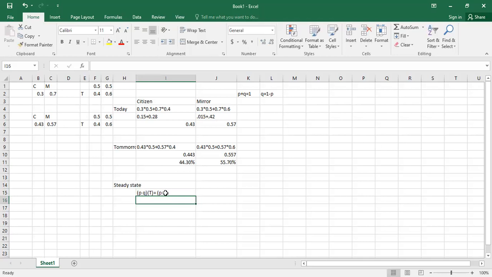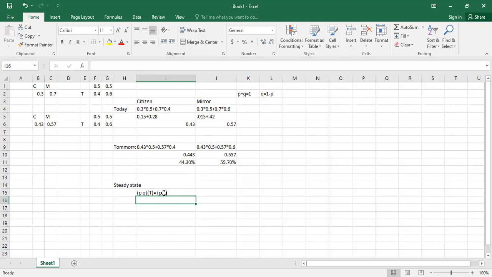The PQ that we resort will be our long-term readership for Citizen, and so our P will be representing Citizen and our Q will be representing Mira. We are doing that to avoid losing what we are looking for.